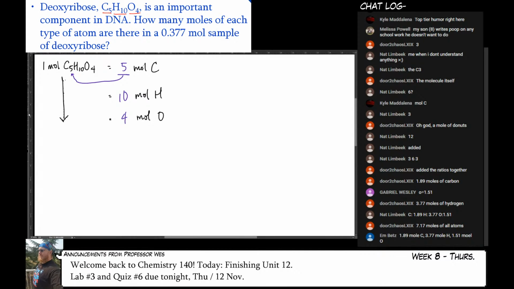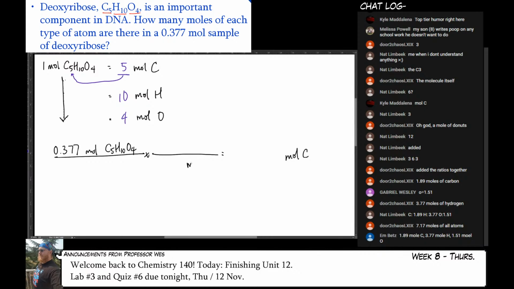So now I can just take these ratios and multiply them by the amount that we're starting with, 0.377 moles of C5H10O4. So for the first problem, I want to know how many moles of carbon there are in there.